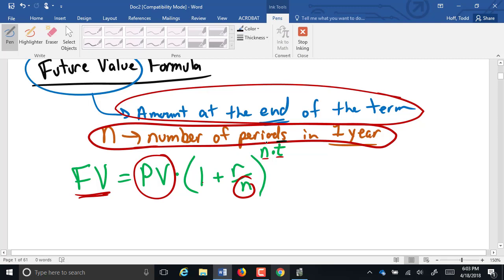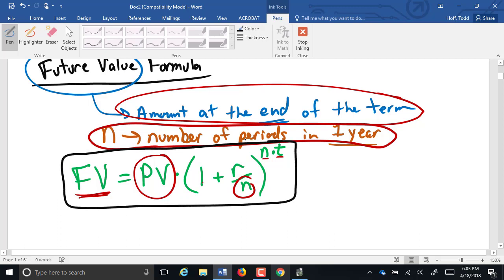Yep, NT is part of the equation. Yes, that is R over N. The rate, that's your percent as a decimal. That's an exponent. But yes, it's the same N and T is your years.